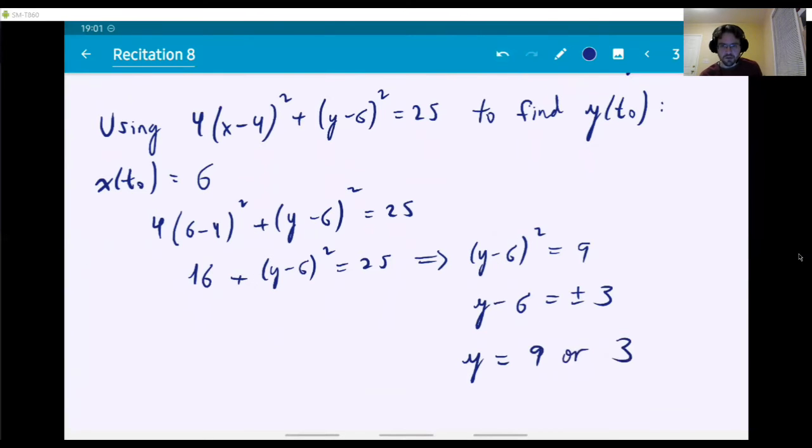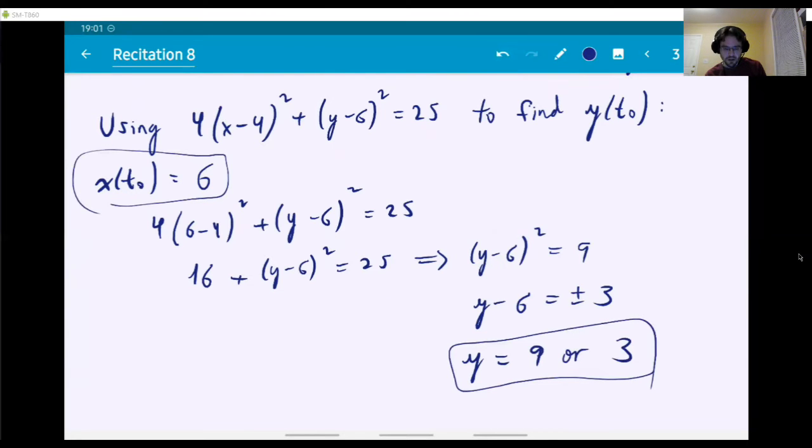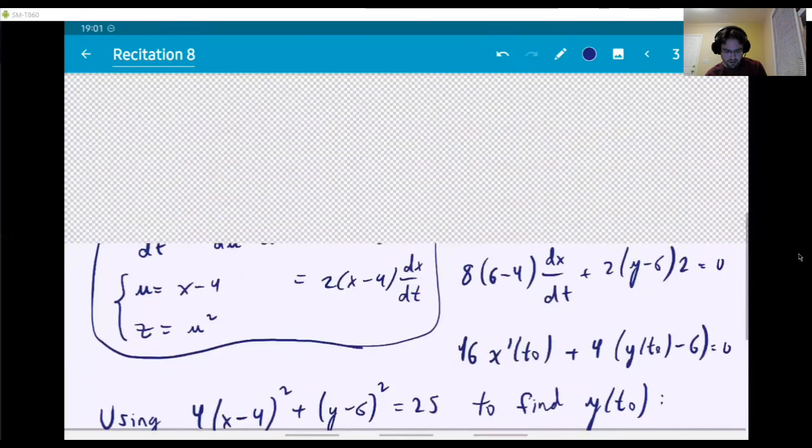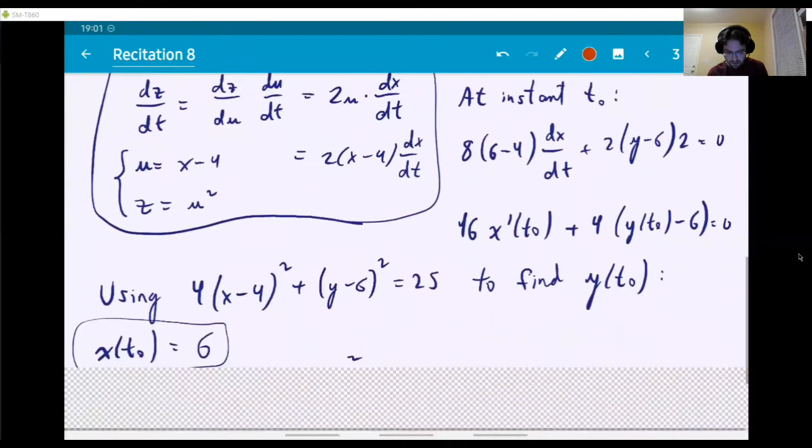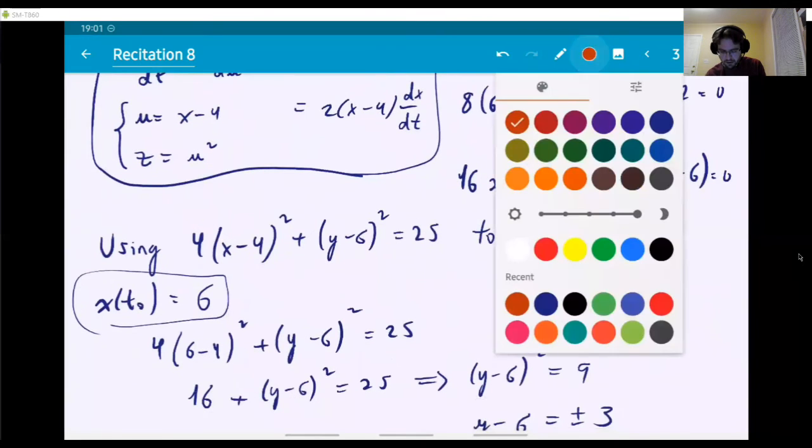It makes sense if you think about this, that there should be two values of y corresponding to this given value of x, because, going back up here, here is x equals 6. If you look on the ellipse, there are two different points where it intersects the ellipse, two corresponding values of y. We don't know which one of these is our location. So that means there are possibly two answers in here.